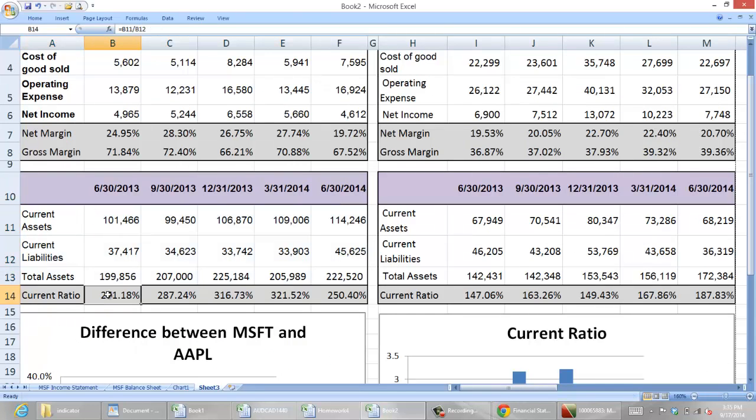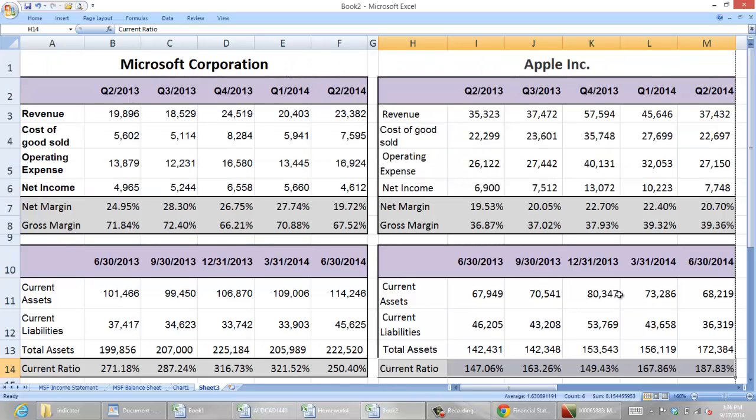Out of that, I calculate the current ratio for Microsoft. What is the formula for that? Current ratio equals current asset divided by current liability, right? I do the same thing for Apple. So here I try to focus on analyzing the profitability of those two companies.